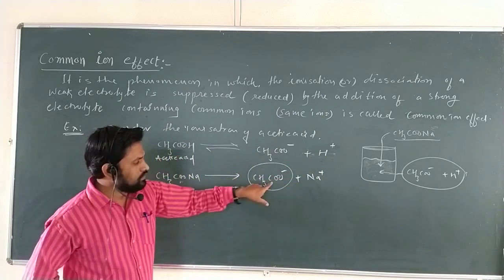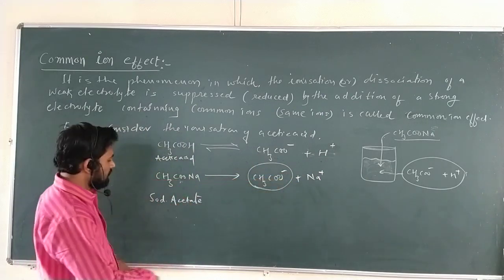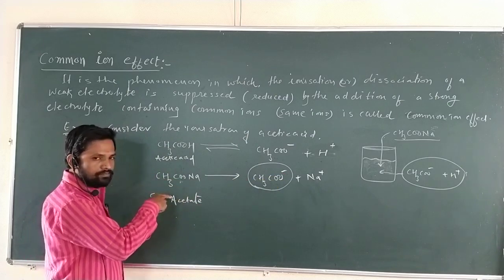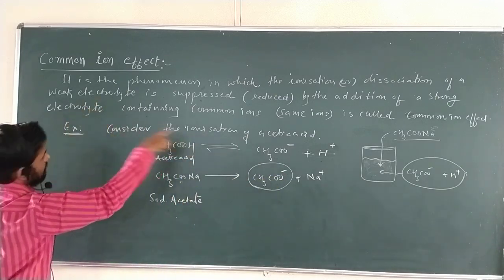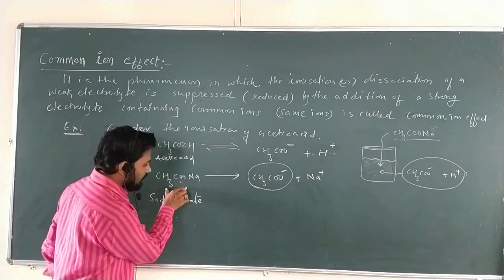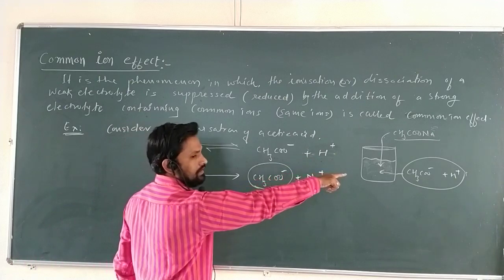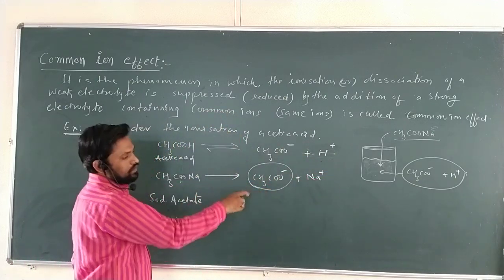Sodium acetate is a strong electrolyte, which is completely dissociated. We have to add the strong electrolyte, meaning one which is completely dissociated, into the solution of the weak electrolyte, due to this addition of common ions.